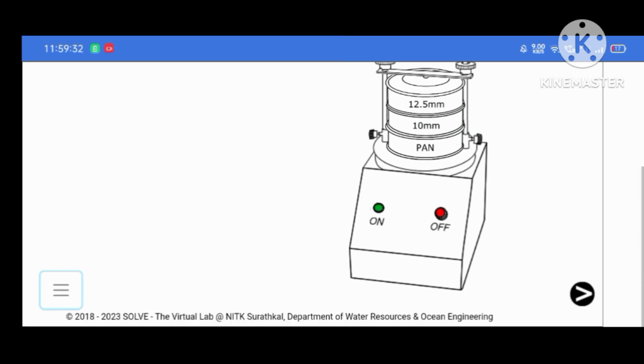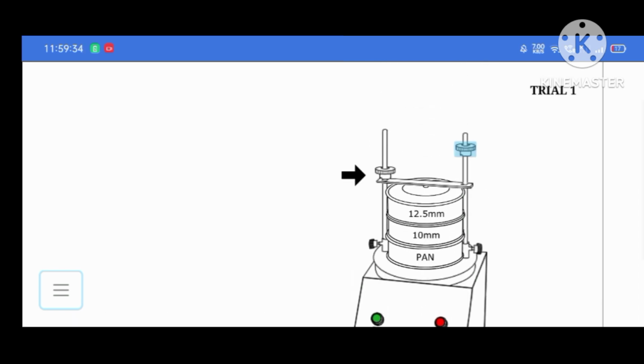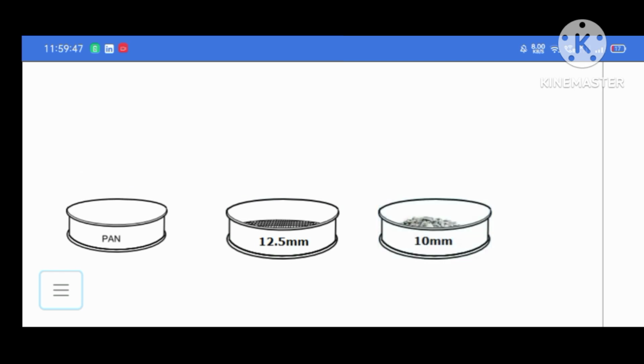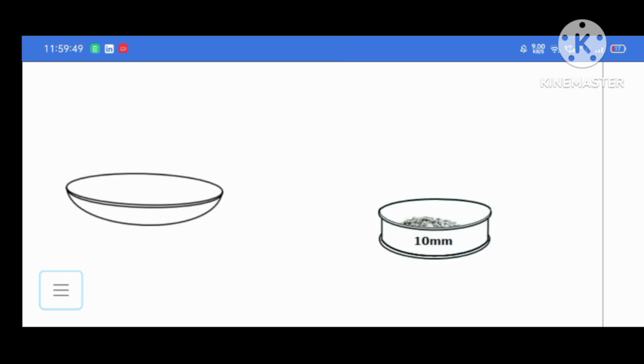After 10 minutes, we should open the nut bolt, remove the support and take the sample out. We remove the lid, and now we have our samples ready.